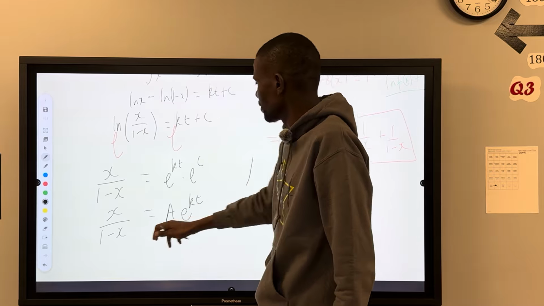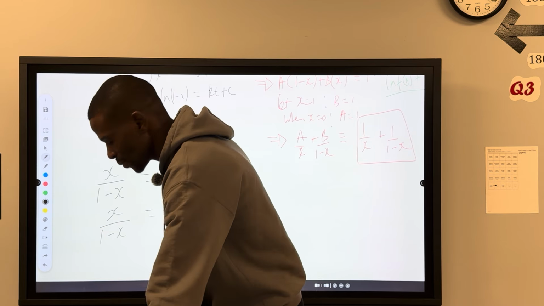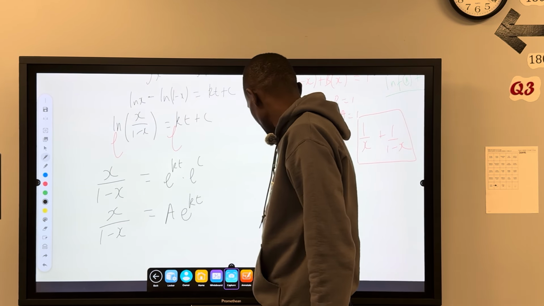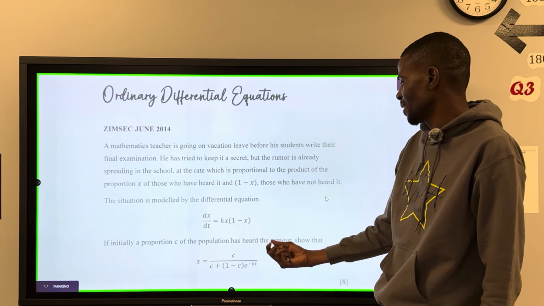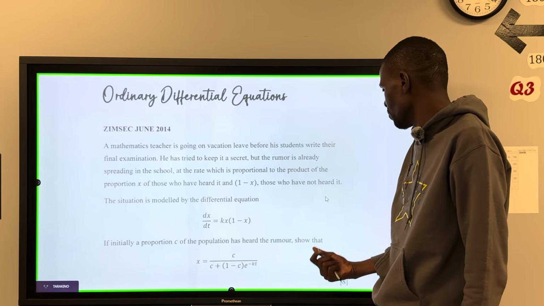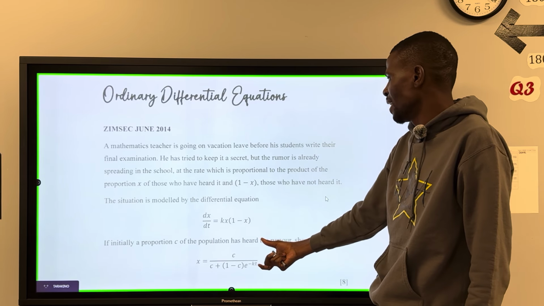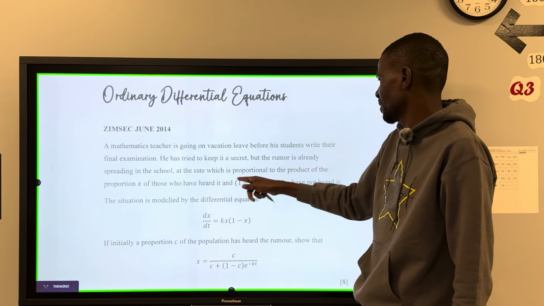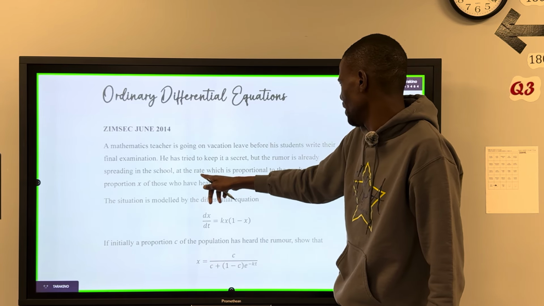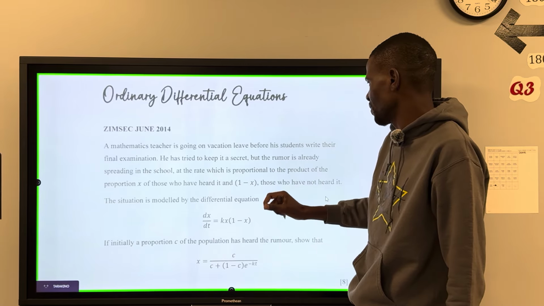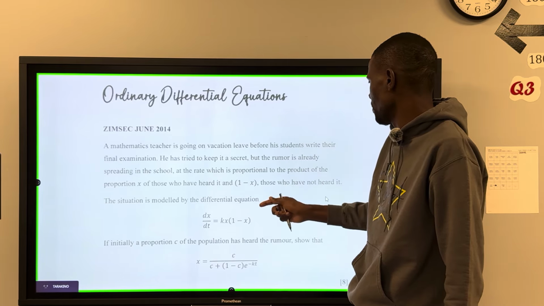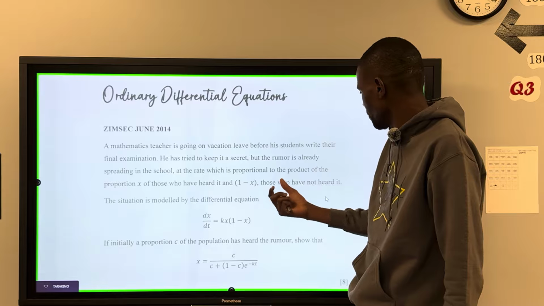But according to the question now, we are given these conditions. If we come back to the question, we are told that initially a proportion C of the population has had the rumor, show that. Meaning to say, remember, x is the proportion of those who have had it, and 1 minus x is those who have not had it.